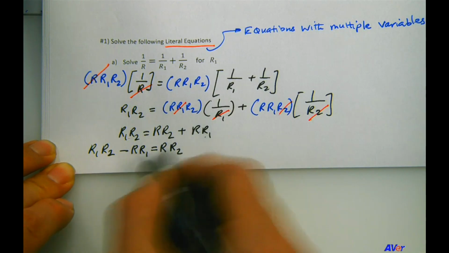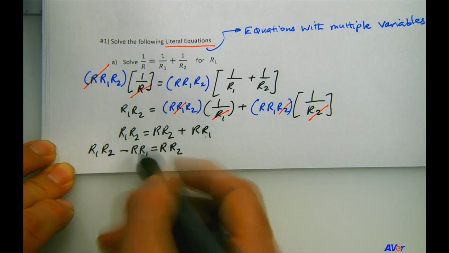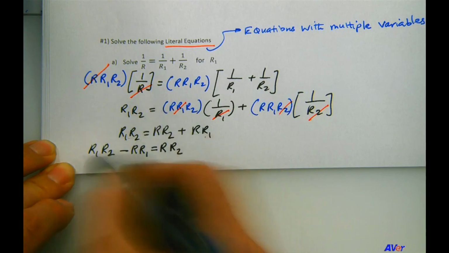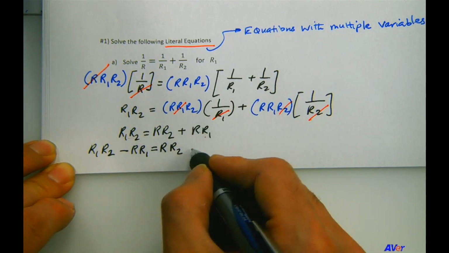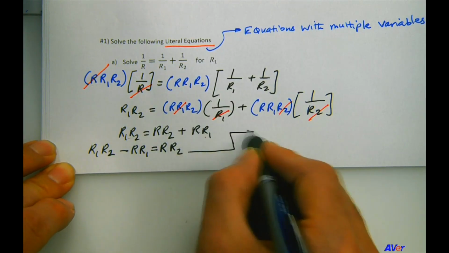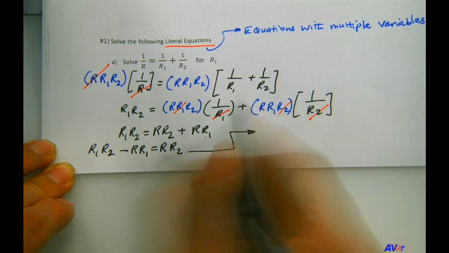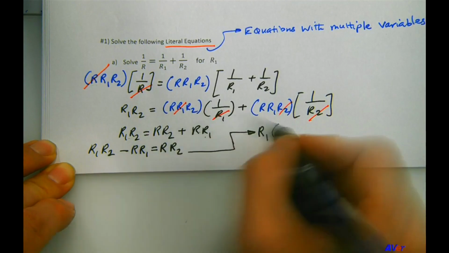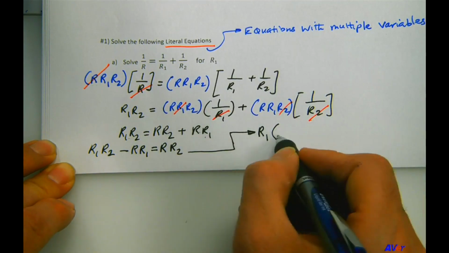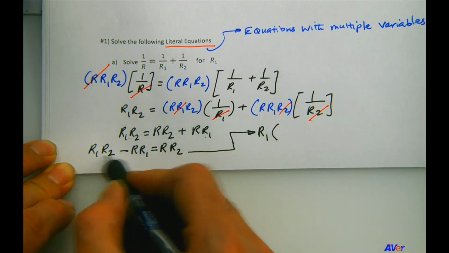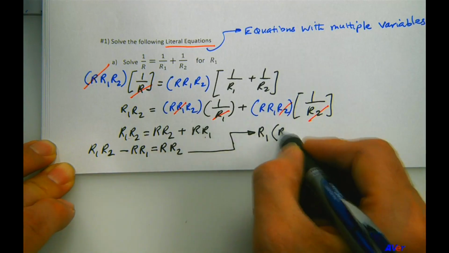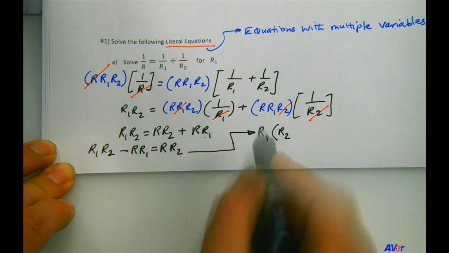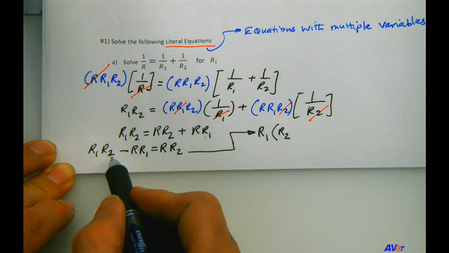That's the only way to remove r1 from two terms. So let's do that here. Factor r1. Then what should we have here such that if r1 is distributed to it, we get r1, r2? Well, r2, right?